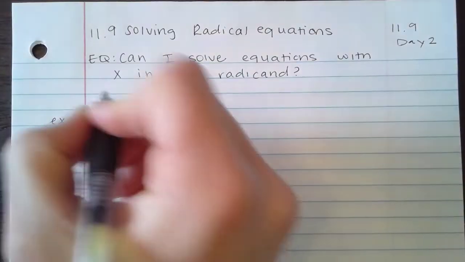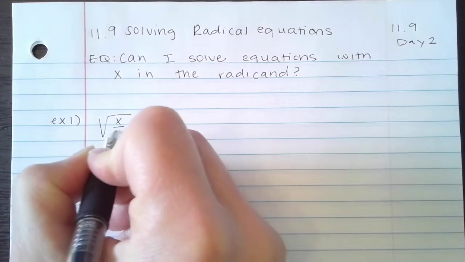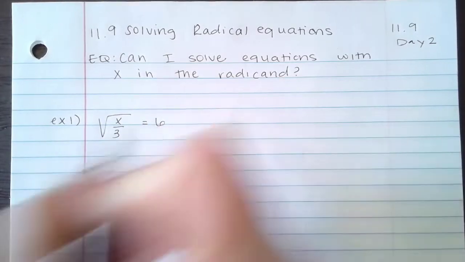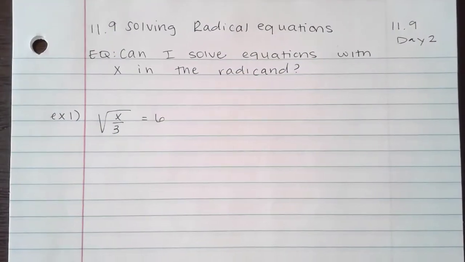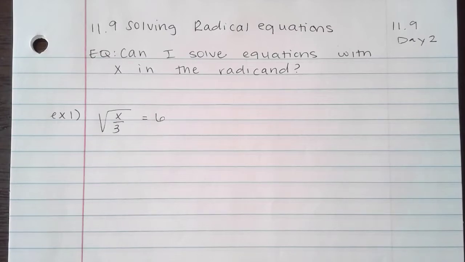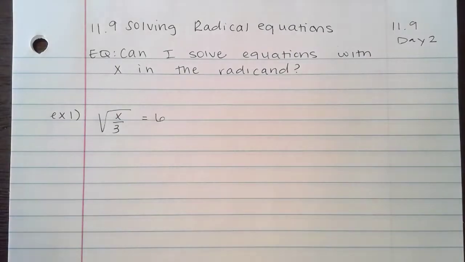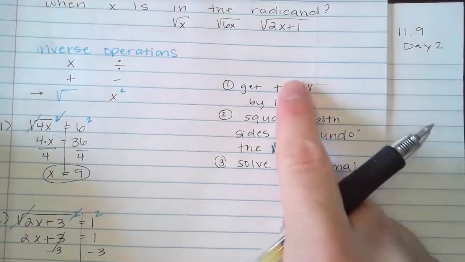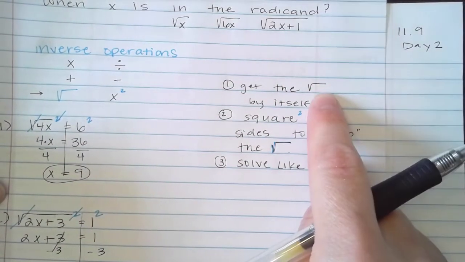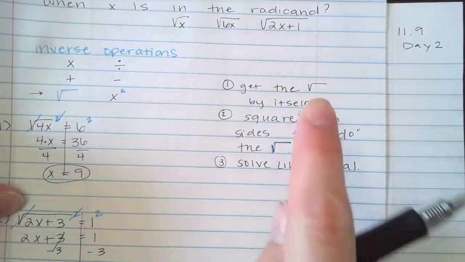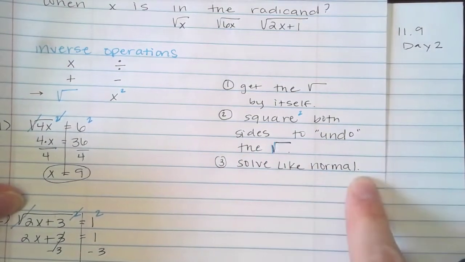Example 1. This one looks kind of tricky because all of a sudden there's a division problem. And it's like, oh, I don't know what to do. But bear with me. I promise you that this one is not any different than the ones we did before. I'm going to look at my previous day's notes, which had 3 steps. Get the root by itself, square both sides, and then solve.